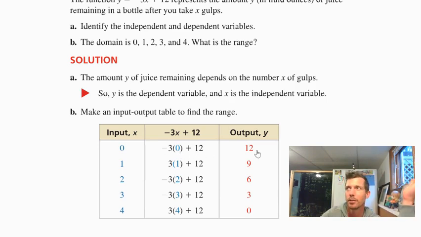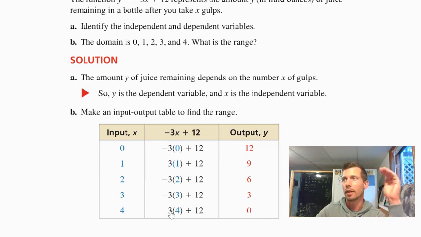If I don't take any gulps, I know that this container is 12 ounces because it has 12 ounces of fluid in it. That's the beginning amount, or my y-intercept if you think about it that way. If I take 1 gulp, just 1 gulp, then I have 9 ounces left. If I take 2 gulps, I have 6 ounces left. If I take 3 gulps, I have 3 ounces left. If I take 4 gulps, it's all gone. Because think about that, right?